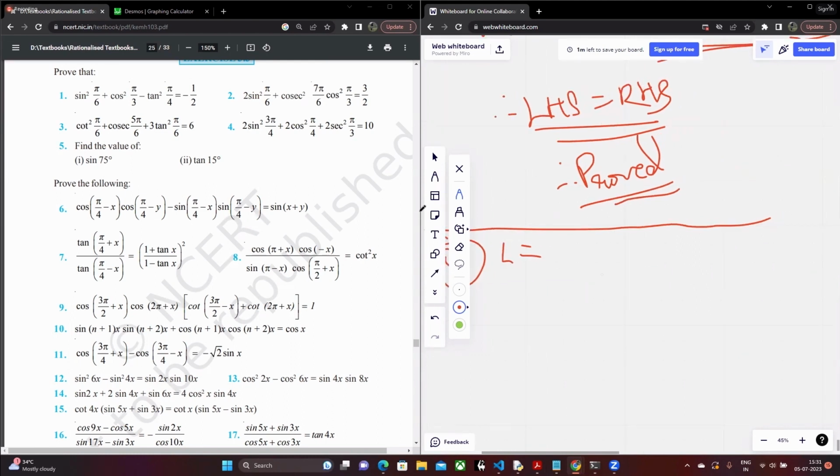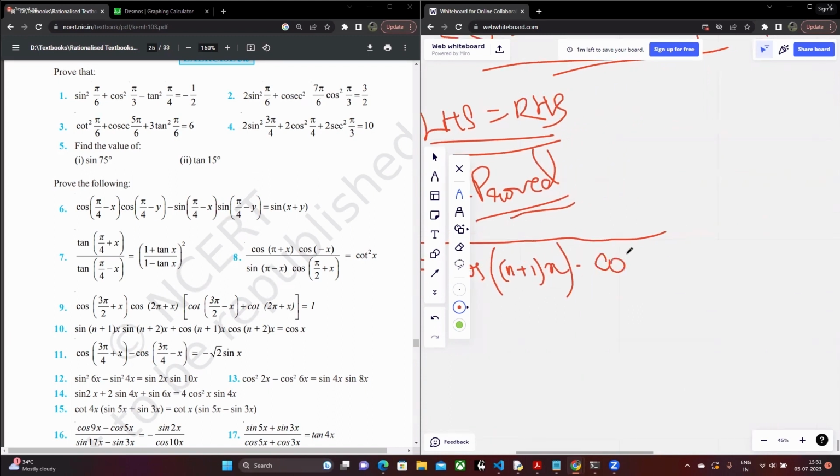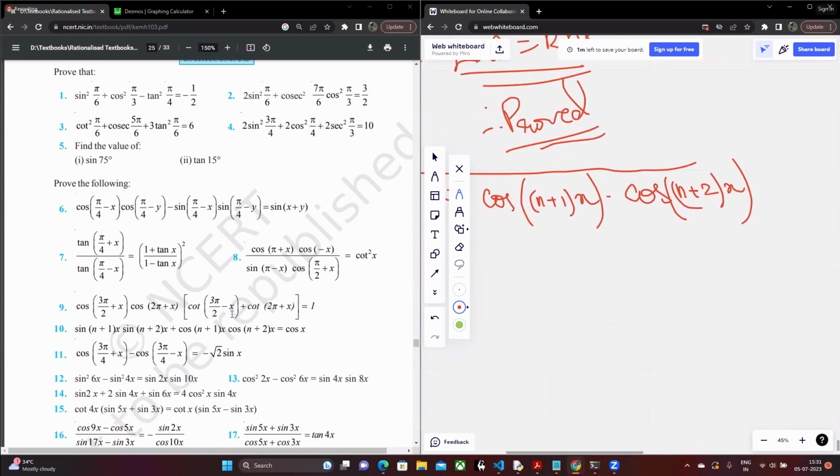Right. L is equal to, I just switch the orders a bit, cos of (n plus 1) times x into cos of (n plus 2) times x. We will also remember that if you are going to have something else apart from a single cosine or a sine or a tan expression, remember to put brackets around the x also.